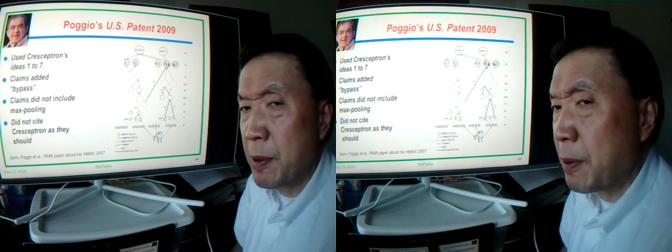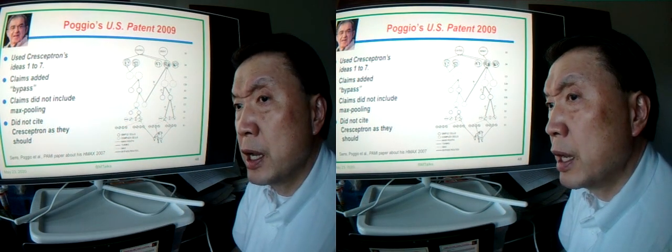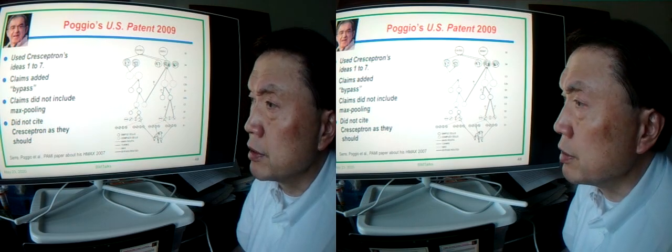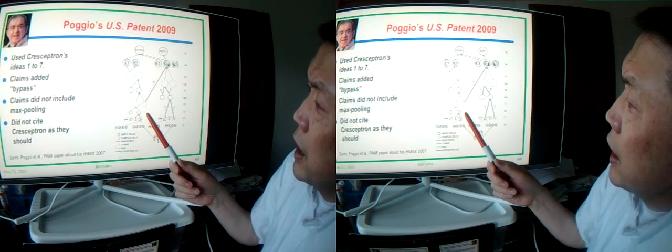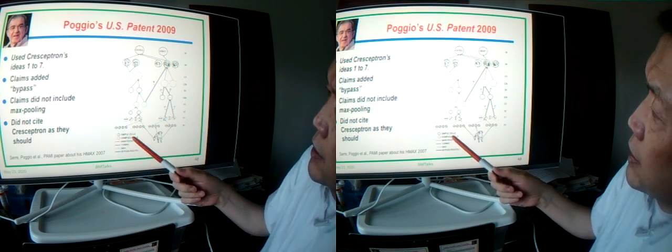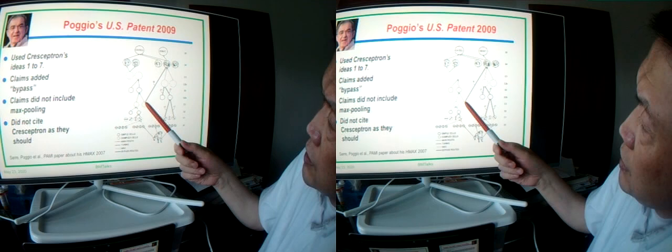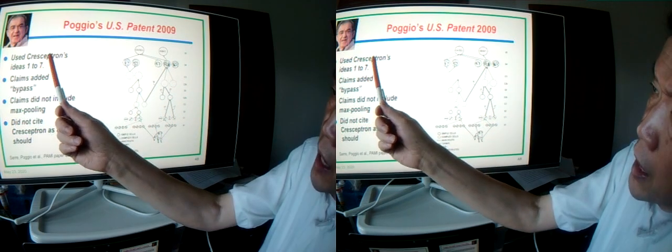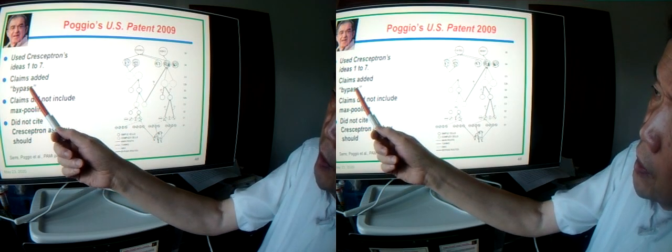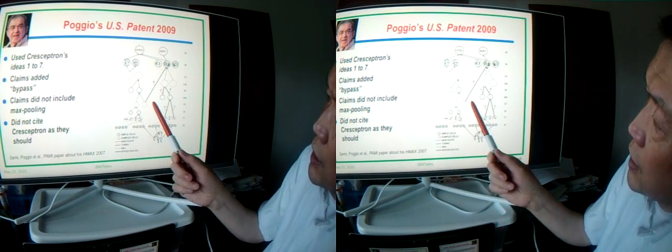By the way, we did not file a patent because Ahuja and Thomas Huang did not ask me to file one. But Purdue turned around and filed a patent, and they have a diagram in that patent, where they say I can skip a level. So that skip level is the novelty. They use the ideas 1 to 7, but they use the bypass as a novelty.